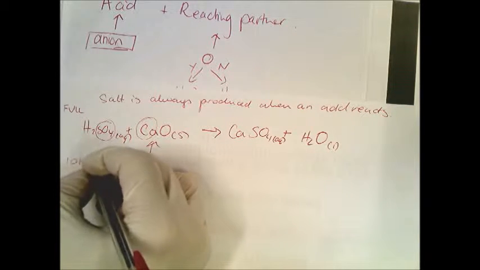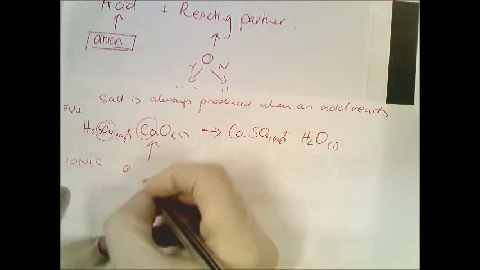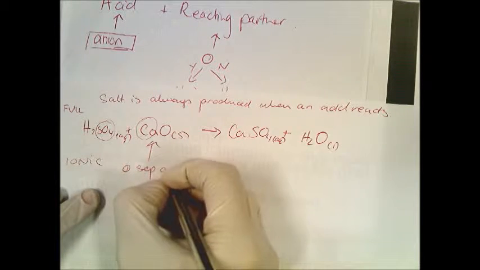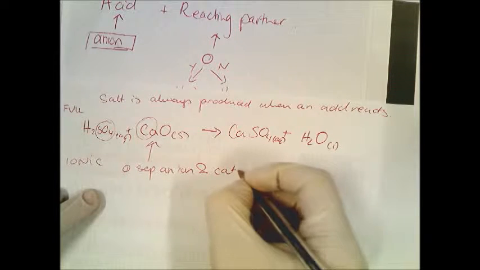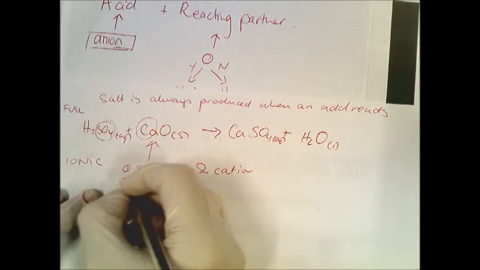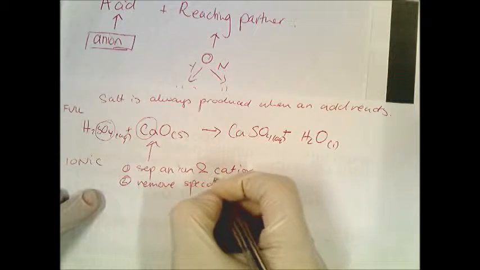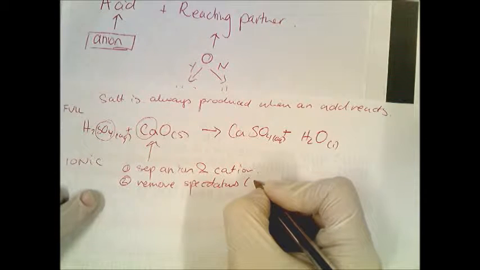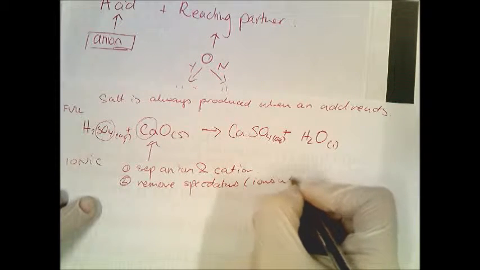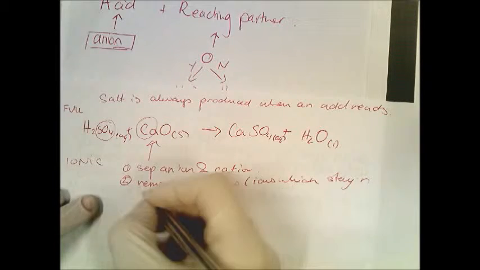Then you do ionic. Now ionic, all you have to do are 2 things. 1, separate anion and cation. 2, remove spectators. Now spectators are ions which stay in the same state.